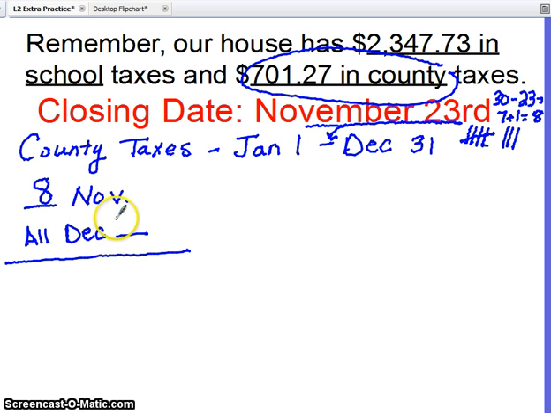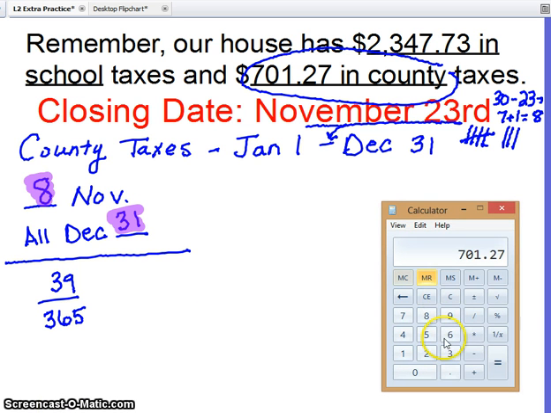Now December has 31 days, so if we add 8 days and 31 days, we get 39 days. So we're owning the house 39 out of 365 days, which is not much of the year.